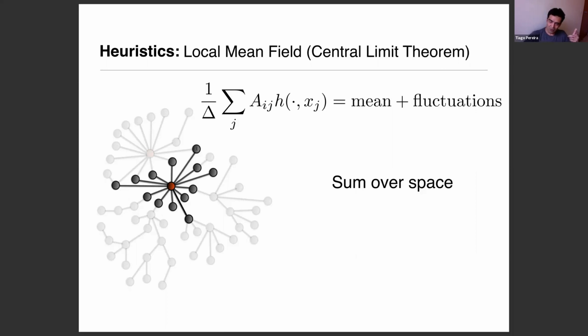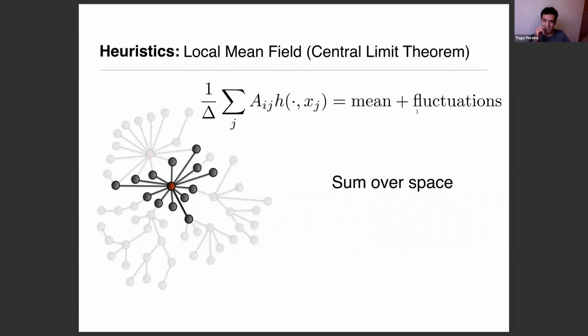So if I could prove that the chaos is kept in these low degree nodes, then I could pretend these low degree nodes are kind of random variables. Then I could replace this big summation over the neighbors with some kind of central limit theorem. So I can write equations for the mean and for the fluctuations.